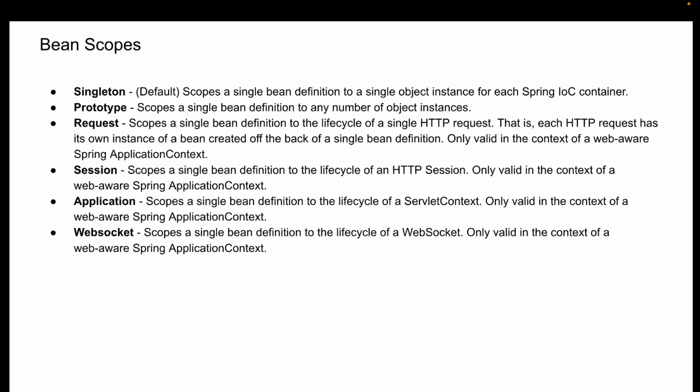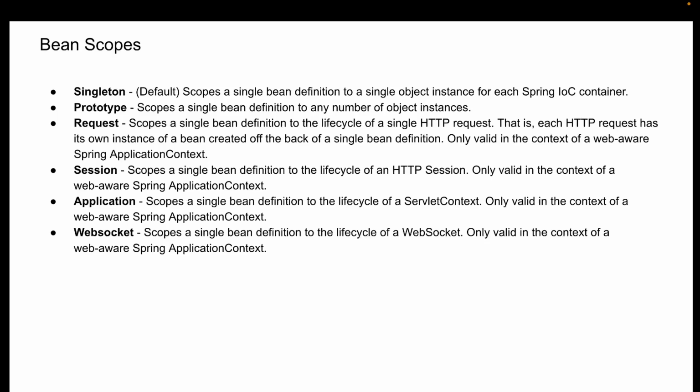We provided a definition to one bean, and with that definition we can create just a single object. But using the prototype bean scope, using a single bean definition we can create any number of Java object instances, meaning multiple Spring beans can be created. That is the rule of prototype bean scope.